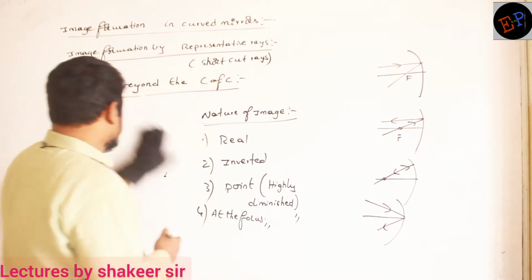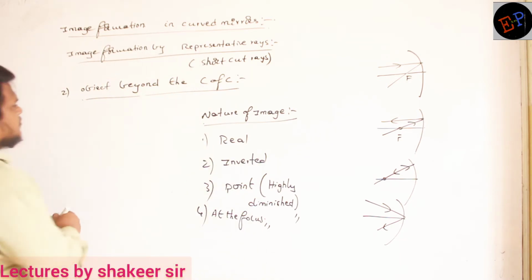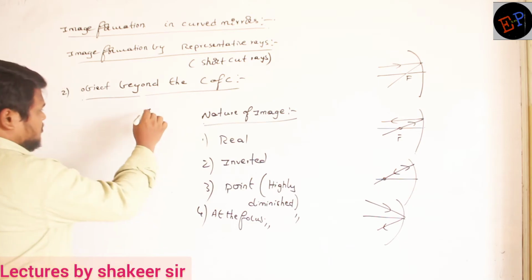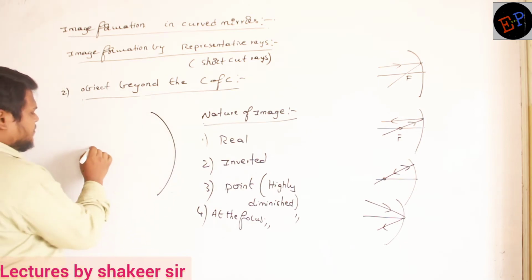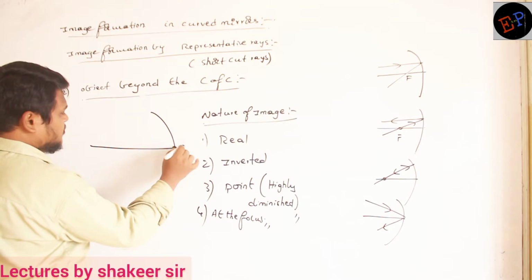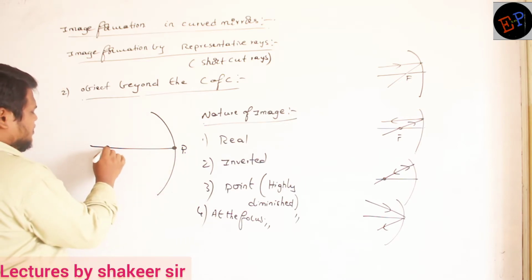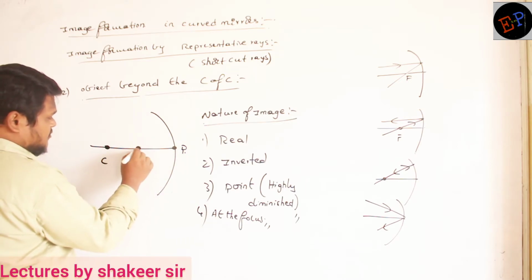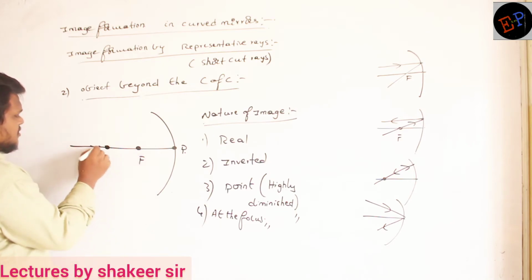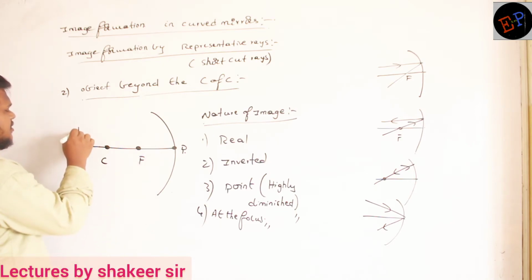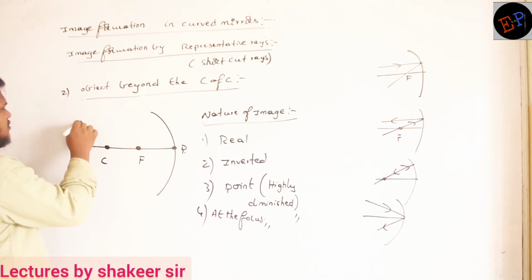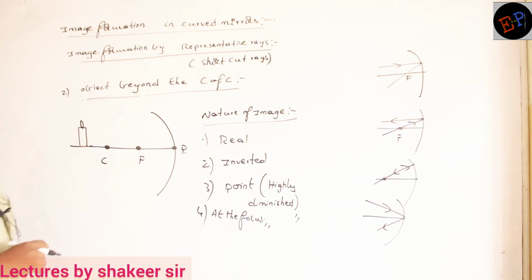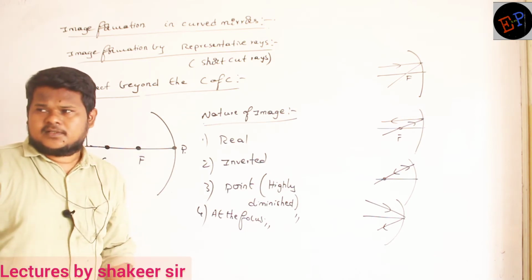So let us see what is the meaning of this one. So this is the mirror, this is the principal axis, this is the pole, this is the center of curvature, and this is the focus. Clear, ma? So consider the object is present somewhere here. This is the object. So it is beyond the center of curvature. Now after crossing the center of curvature, the object is present.